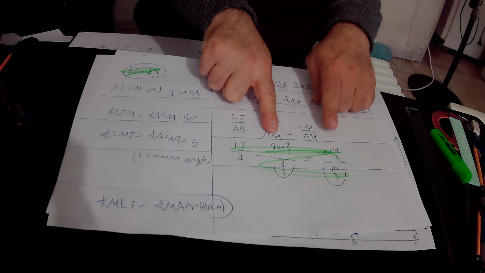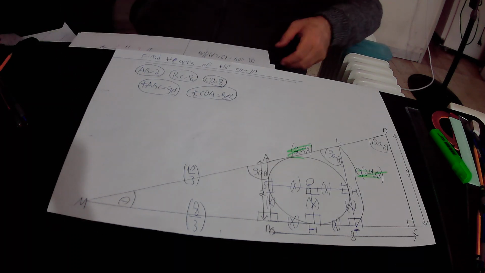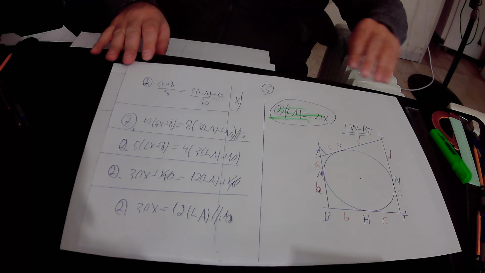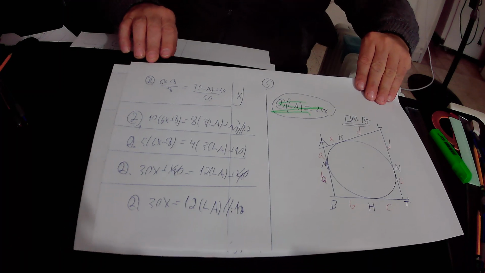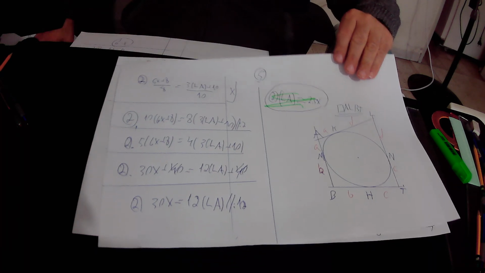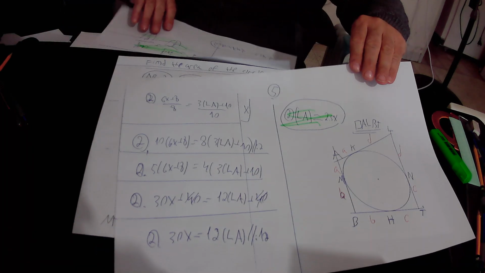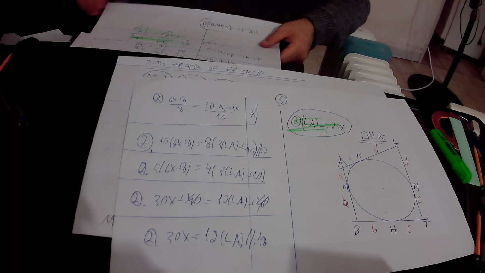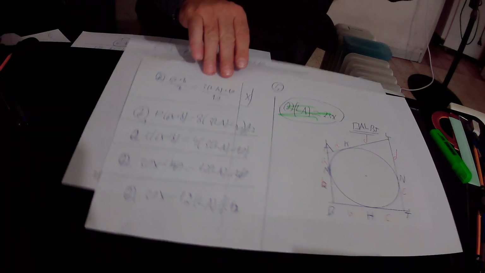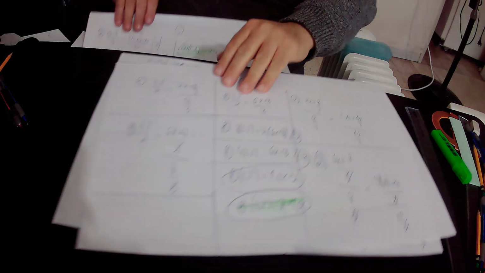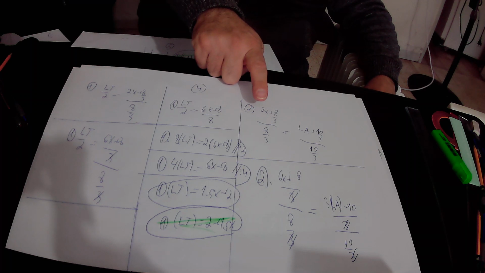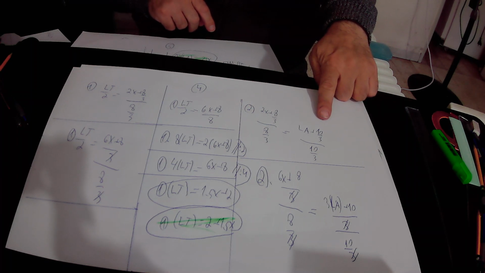So according to equation 2, we actually found out that (2x plus 8 over 3) over (8 over 3) equals (LA plus 10 over 3) over (10 over 3).